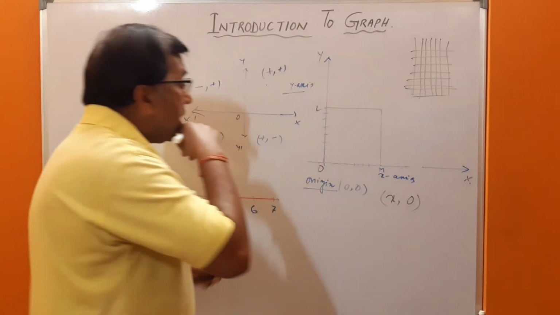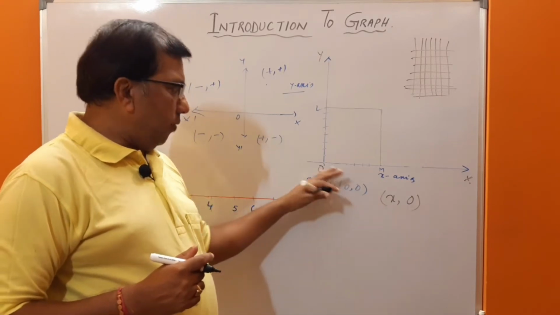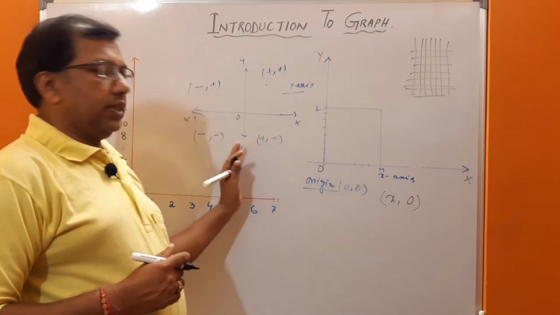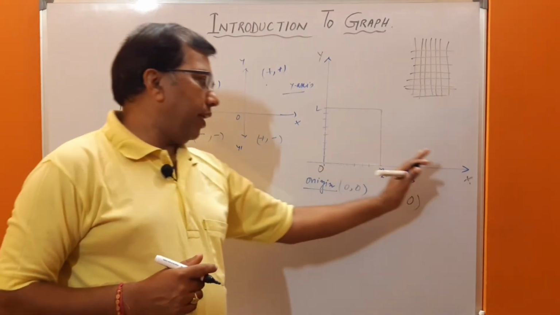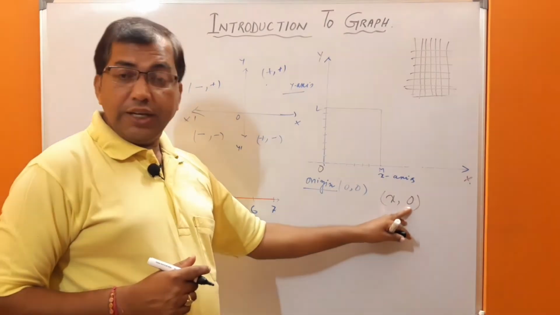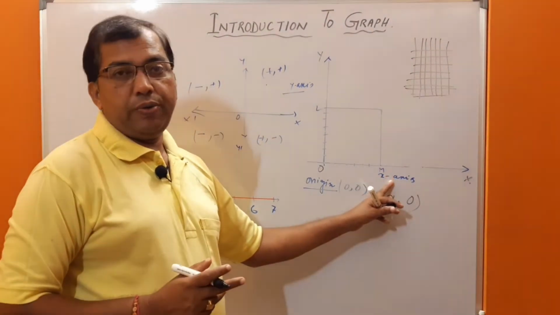In the x-axis the value of x will be plus something or minus something. Right side plus, left side minus, but y will always be 0. In the x-axis the value of y will be 0.